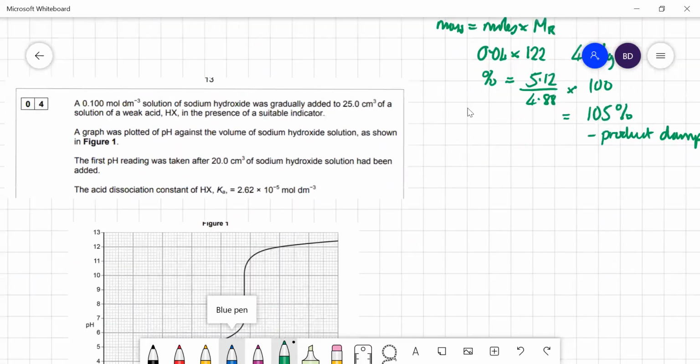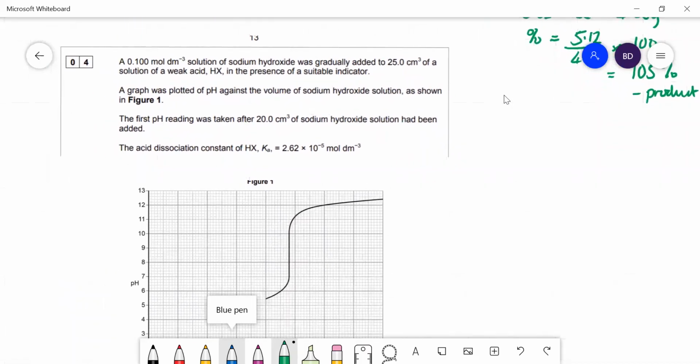Right, on to weak acids now. Okay. So I suppose this is related to the required practical, where you measure pH with a pH meter, but it's more theory, really. Okay, so we've got 0.1 mol dm^-3 sodium hydroxide, and you add that to 25 cm^3 of a solution of weak acid.